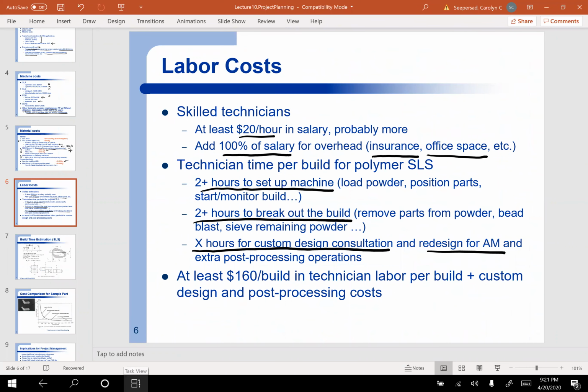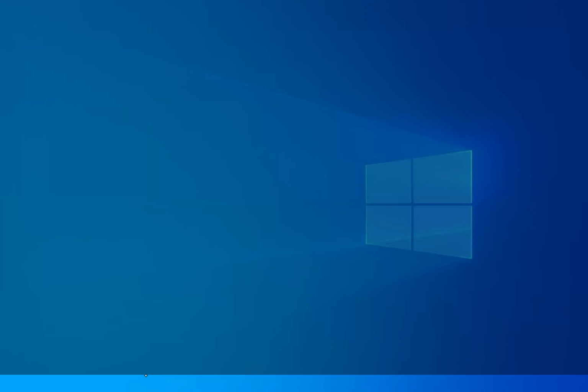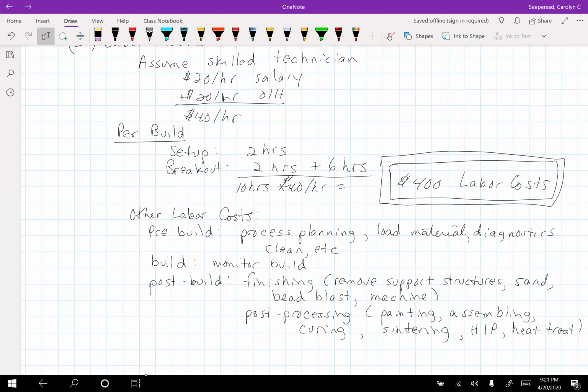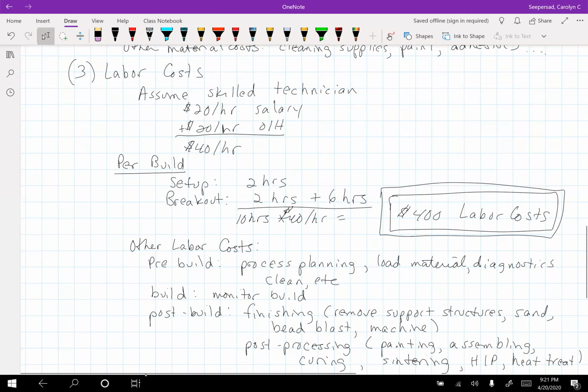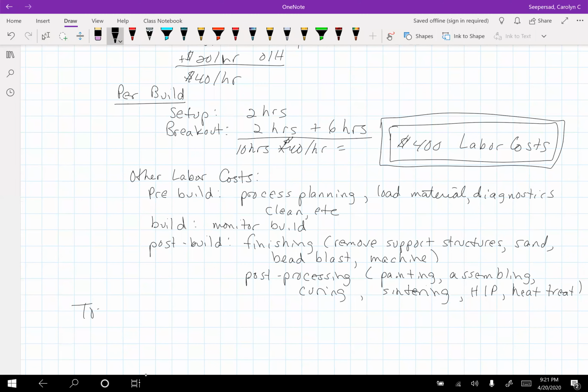The next thing we want to do, going back to our notes, is to add up all these costs. So let's think about total cost: machine plus material plus labor. For this particular build, we think the machine costs are going to be $800 per build.